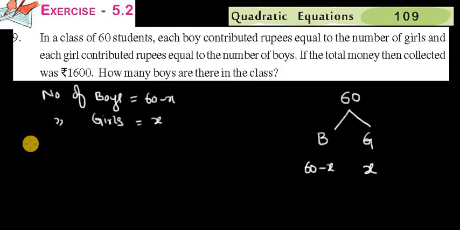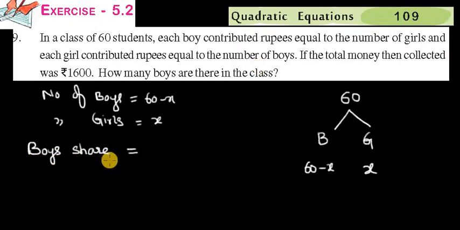I will take the boys' share. So what is the boys' share? Each boy contributes rupees equal to the number of girls, and each girl contributes equal to the number of boys.